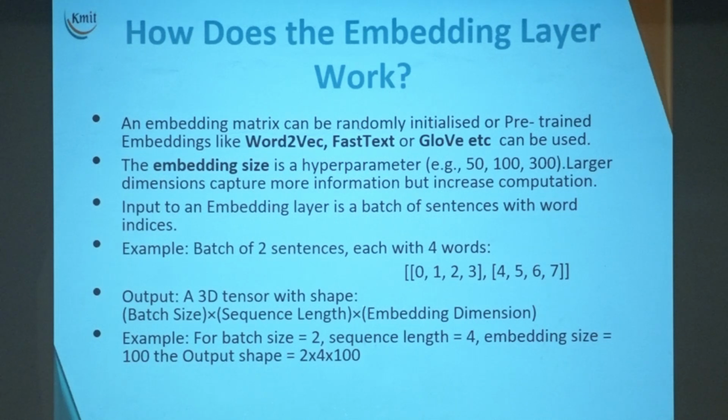Now you will also have batch, because you are working with huge amounts of data later, batch-wise. For example, if you have a batch size of 2, sequence length is say 4, and embedding size you are giving as a vector of say 100 dimensions, then your output would be a 2 by 4 by 100 tensor. Clear enough?